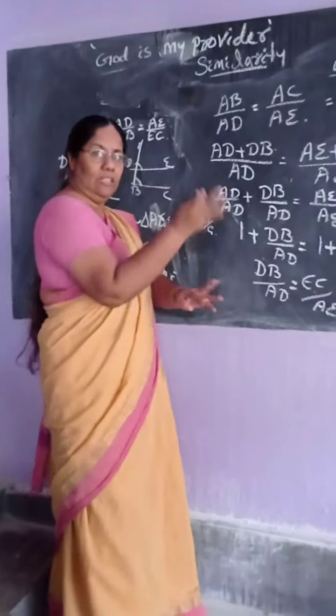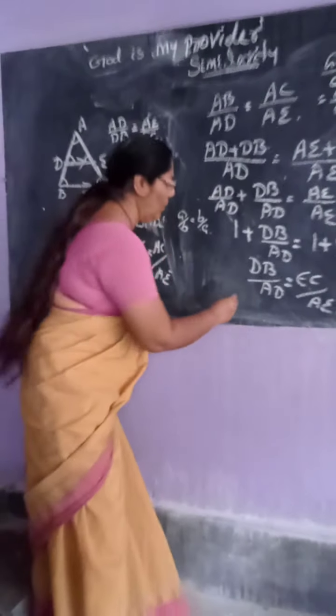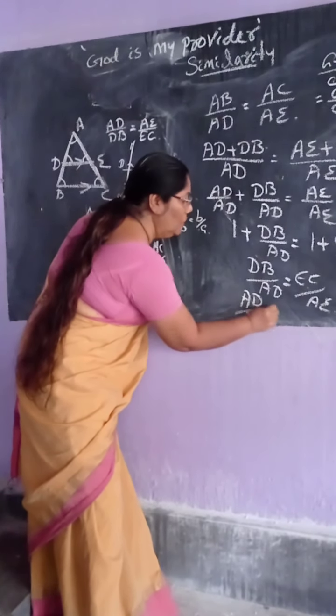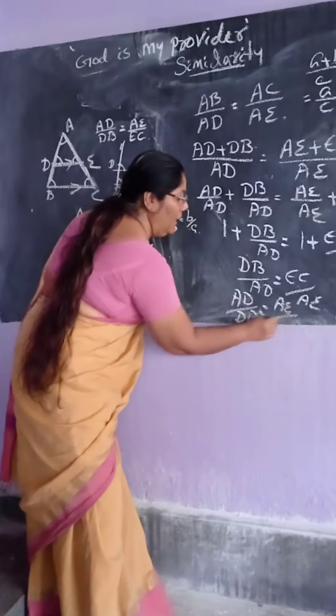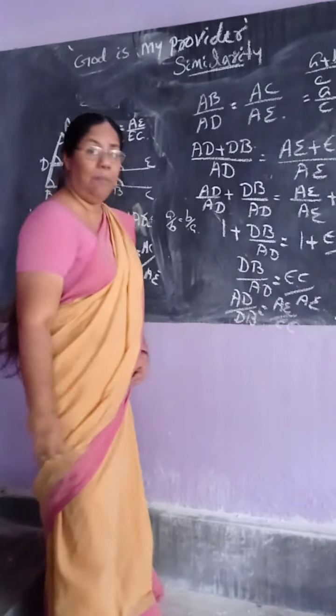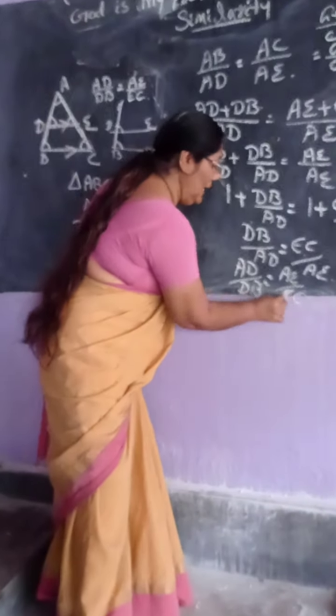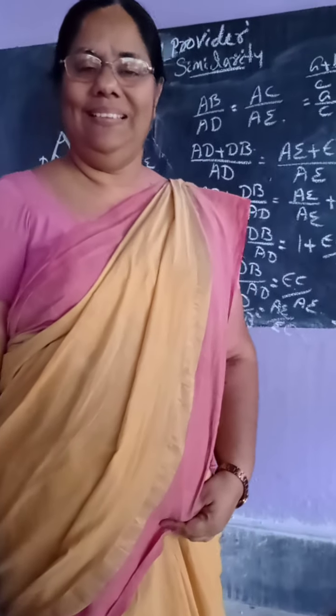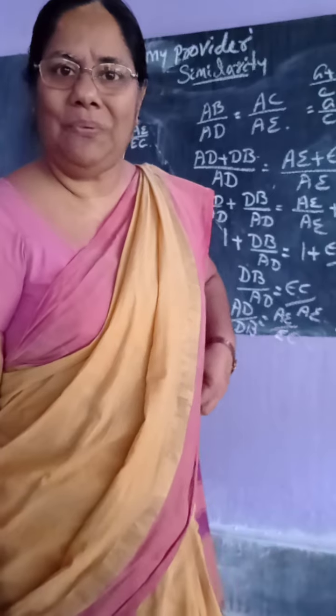Therefore, we can invert this. Take the reciprocal. AD by DB is equal to AE by EC. This is the proof. All of you understand the proof?